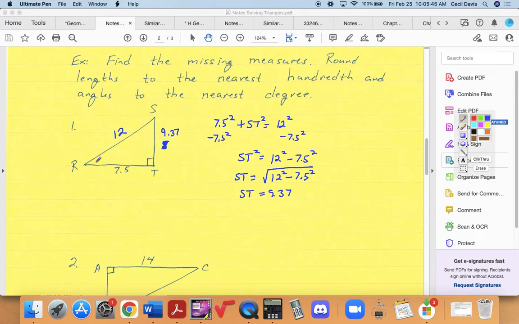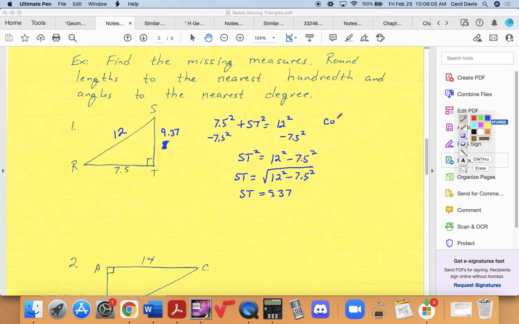So, all right, so let's find R. So from R, what side is 12? Hypotenuse, and 7.5 is? Adjacent. So which one of the ratios has hypotenuse and adjacent in it? Cosine.